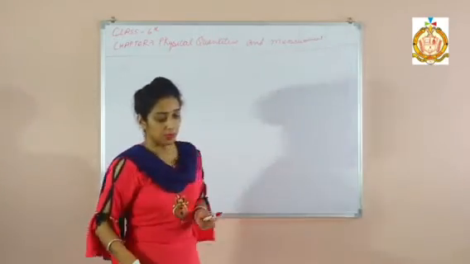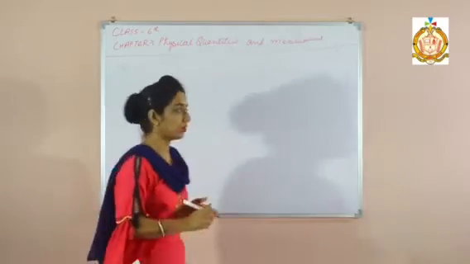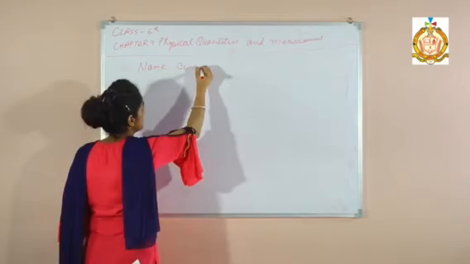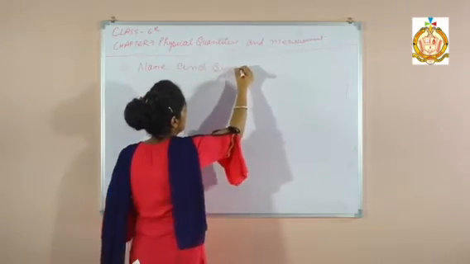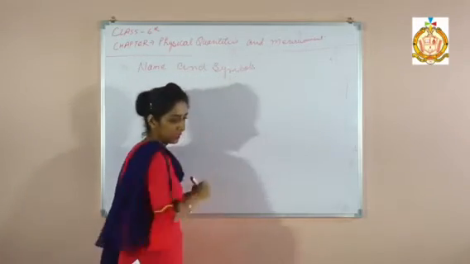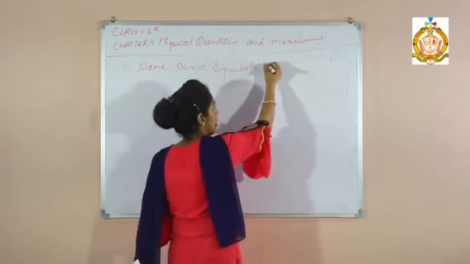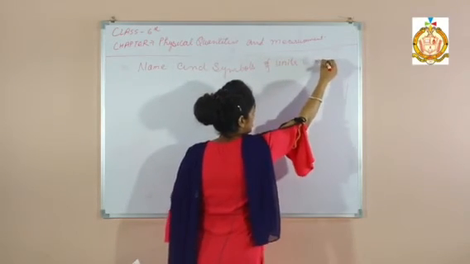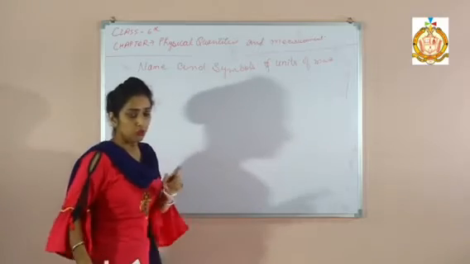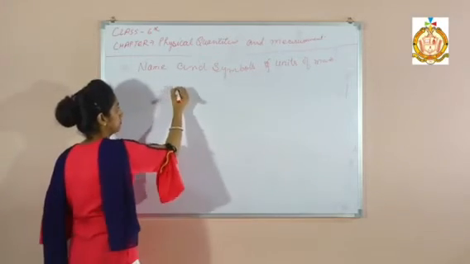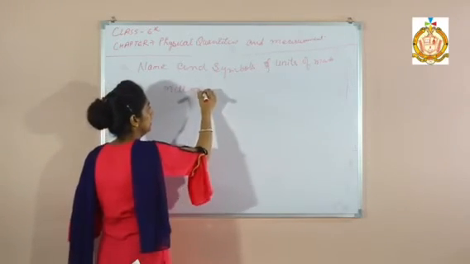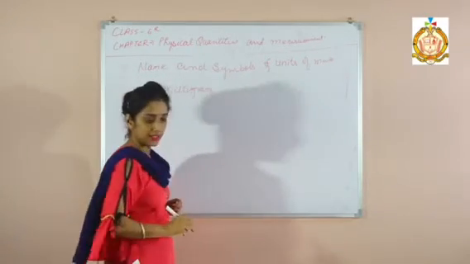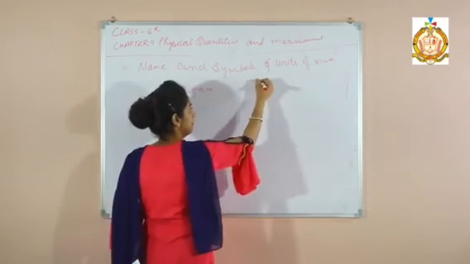Now come to the names and symbols of units of mass. In mass we use the milligram. Its symbol is mg.